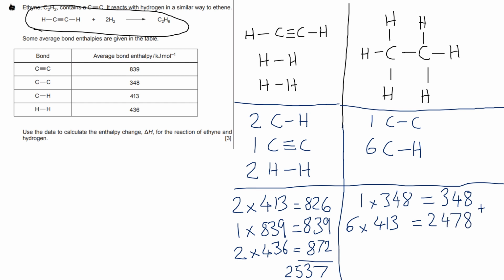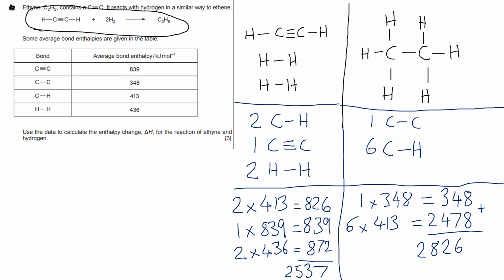Then we add these together, gives you 2,826. So what this means is we are requiring 2,537 kilojoules per mole to break the bonds of the reactants, and we are releasing 2,826 kilojoules per mole when we make the new bonds in the products.